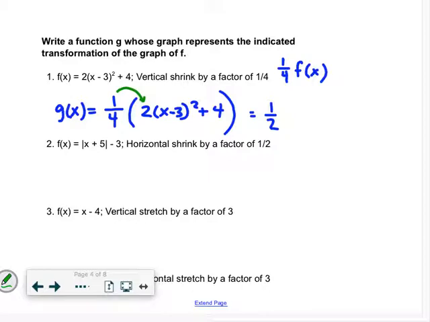Terms of the functions are things that are being added or subtracted with each other. So you have 2 times x minus 3 squared, and then you have a plus 4. So you have two terms. So you would just multiply by that number out in front, and then multiply to the thing that's being added or subtracted in the back. So 1/4 times 4 is 1. So we would have 1/2 times the quantity x minus 3 squared plus 1. And that would be our new function.